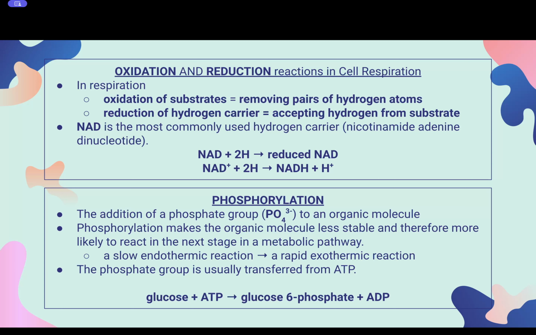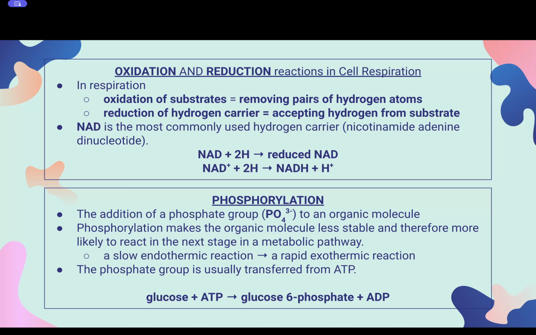Phosphorylation is the addition of a phosphate group, which is PO4 with 3 electrons, to an organic molecule. Phosphorylation also makes the organic molecule less stable, which means that it's more likely to react in whatever the next stage might be.